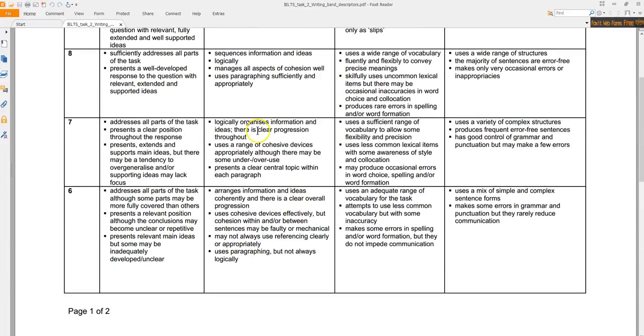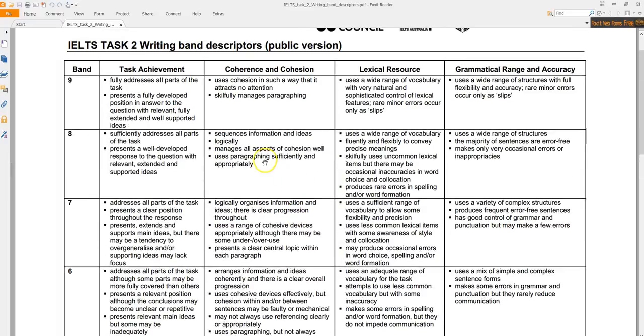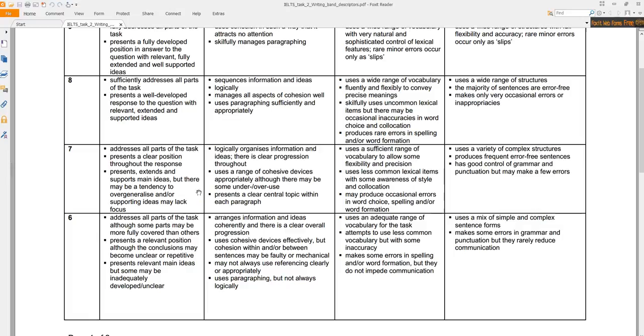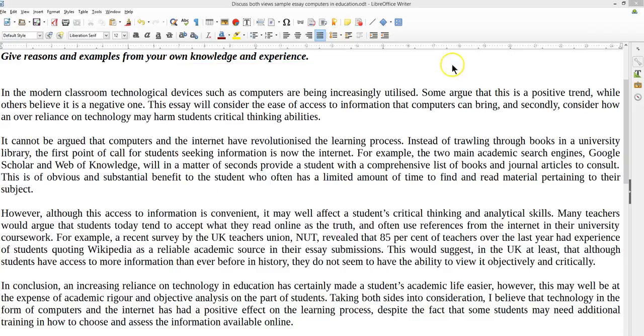Clear overall progression, paragraphing, sequences, information, ideas. A clear position all the way throughout the response. So in the essay, you can see that I'm constantly referring back to the previous ideas.